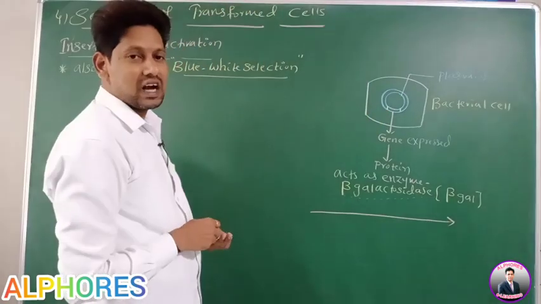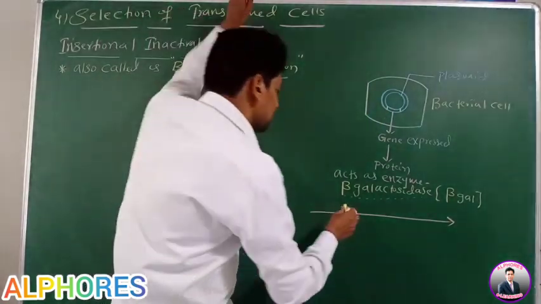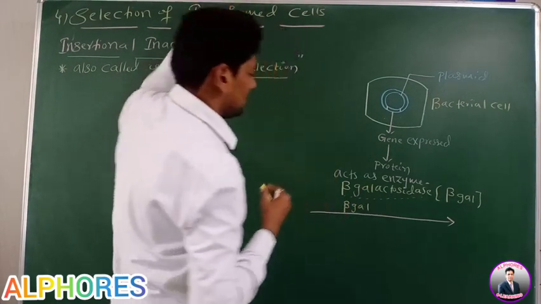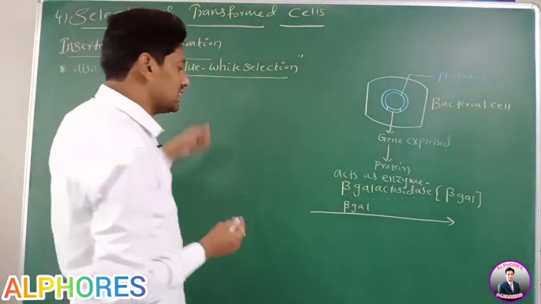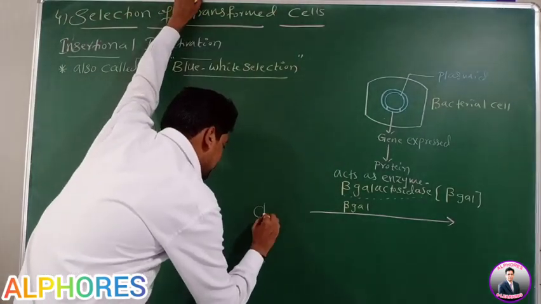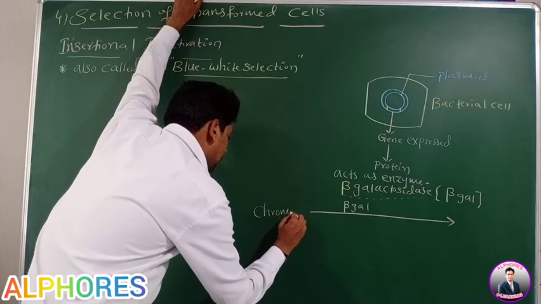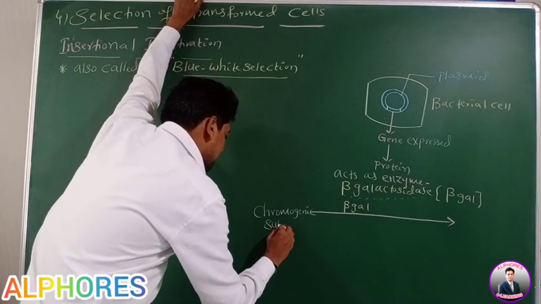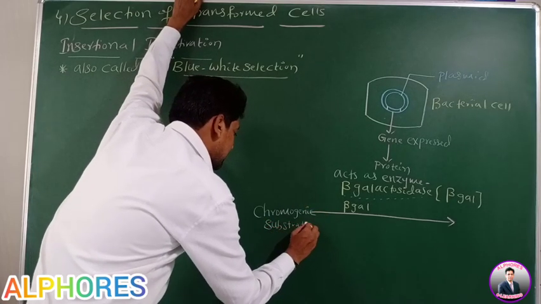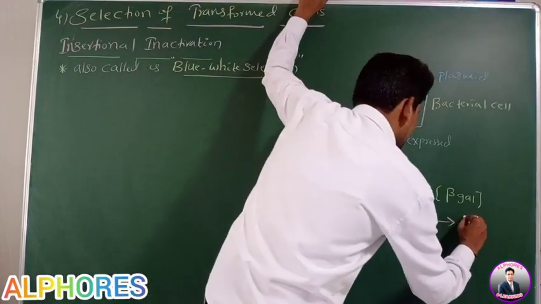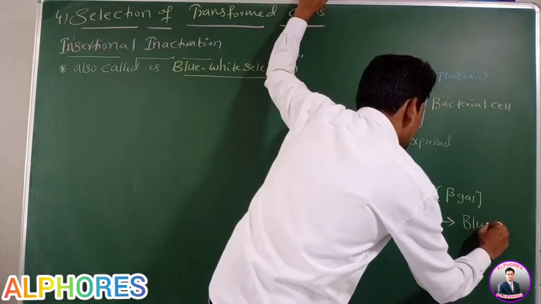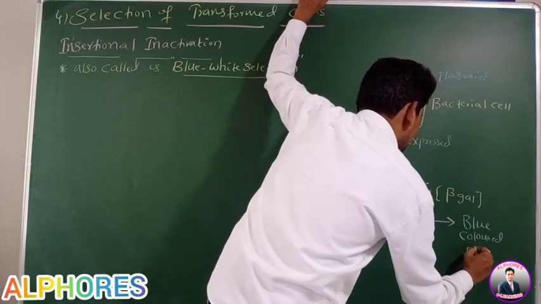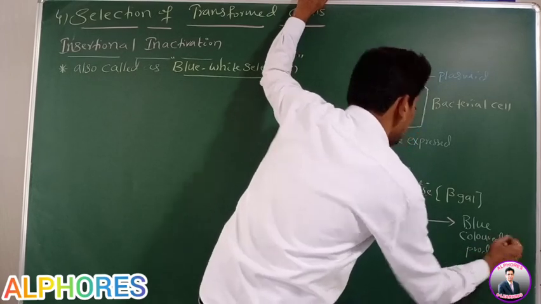What this beta galactosidase enzyme does is convert chromogenic substrate into product. It converts chromogenic substrate into blue colored product.